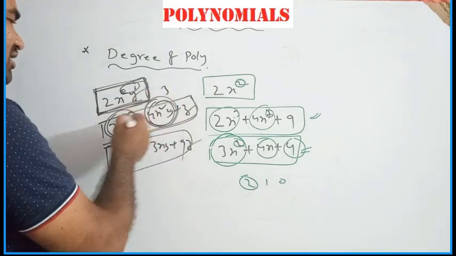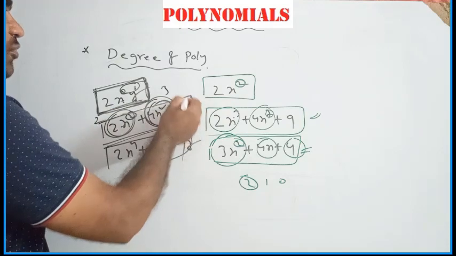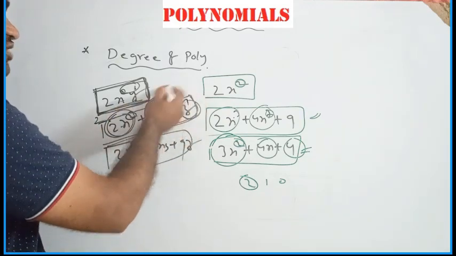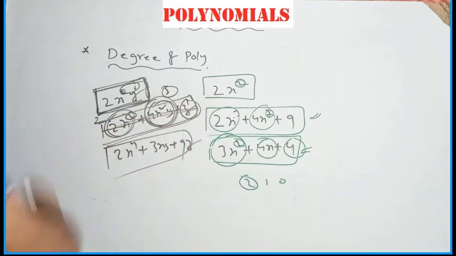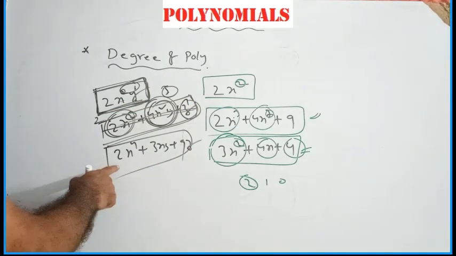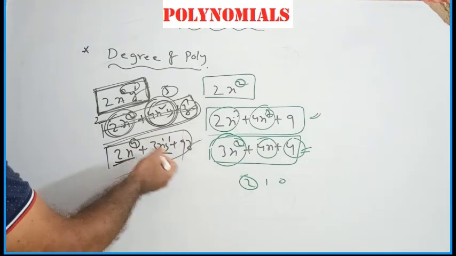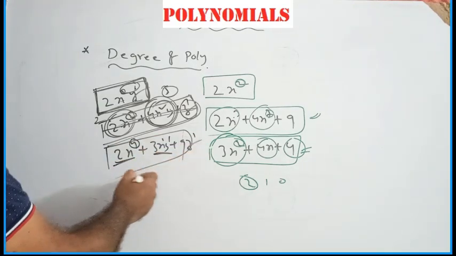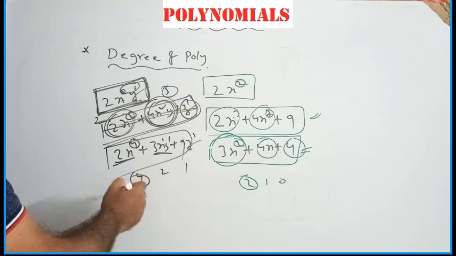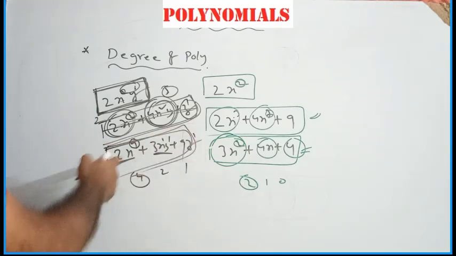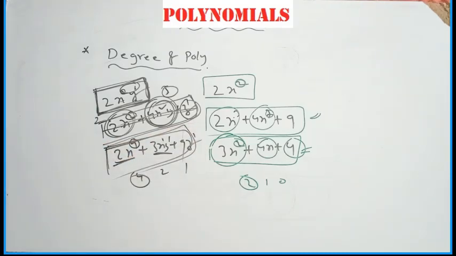This is second degree, and this is z power 1, first degree. Among 3, 2, 1, 3 is the highest, therefore 3 is taken as the degree of the second polynomial. Here also, this is fourth degree, this is second degree, 1 plus 1, 2, second degree, and this is first degree. Among 4, 2, 1, 4 is highest, so 4 is the degree of this polynomial, or it is a fourth degree polynomial. In this way, you can find the degree of polynomials.